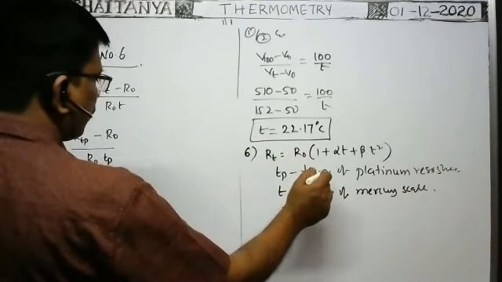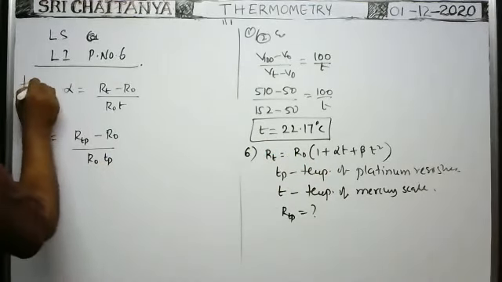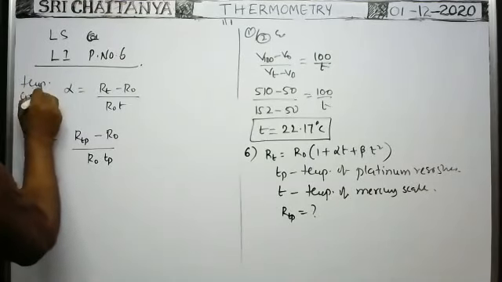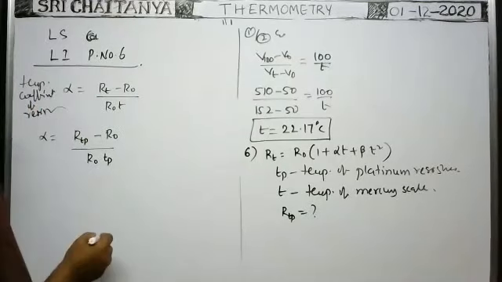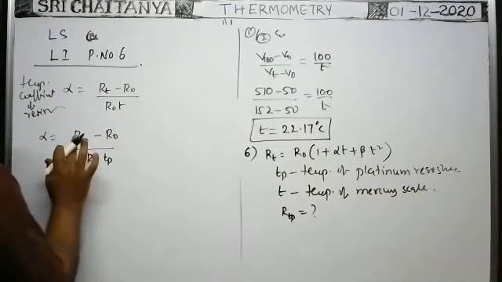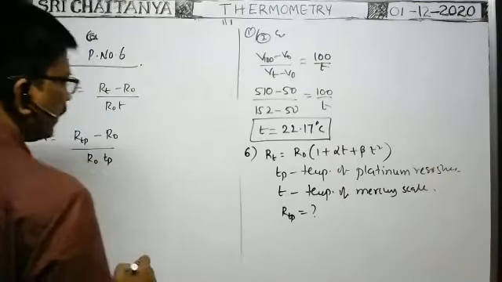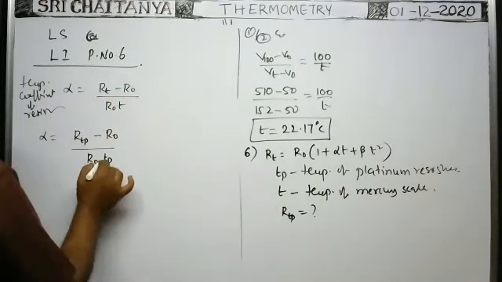This is the temperature coefficient of resistance. RTP is what we have to find. That is our aim. Therefore alpha is equal to (RTP minus R naught) by (R naught into TP).